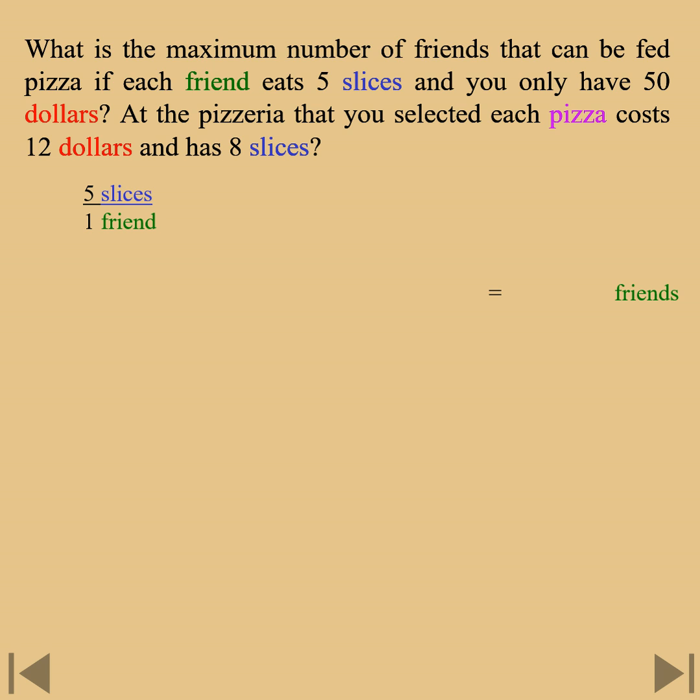And is that $12 or $12 per something? Per pizza. And is that 8 slices or 8 slices per something? Again, per pizza. So, only the $50 had a single unit. So it was obvious what we were starting with.